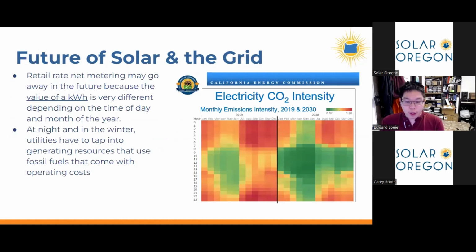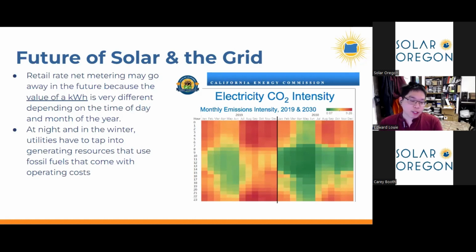And so here's another picture showing how solar really dovetails into the grid. As you can see, during the daytime hours and in the summer months, you get a lot more solar availability. And this graph is of the grid and how carbon intensive the grid is.